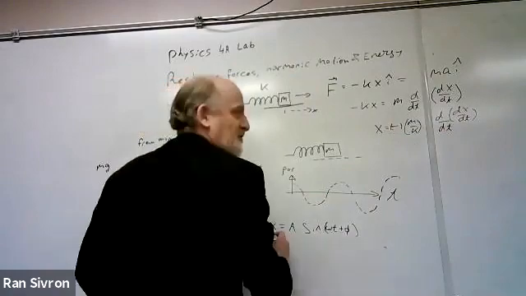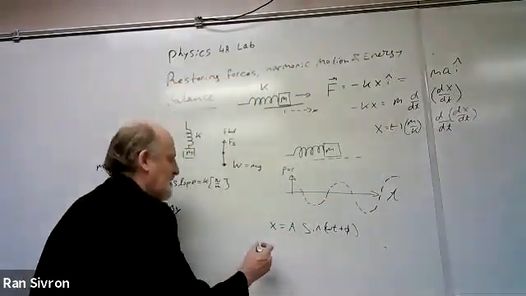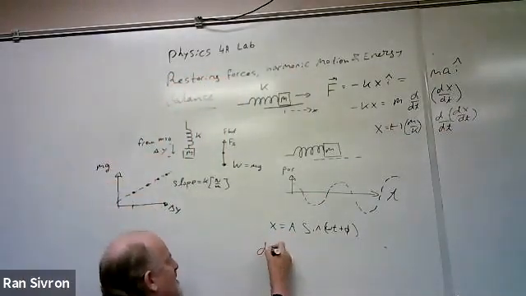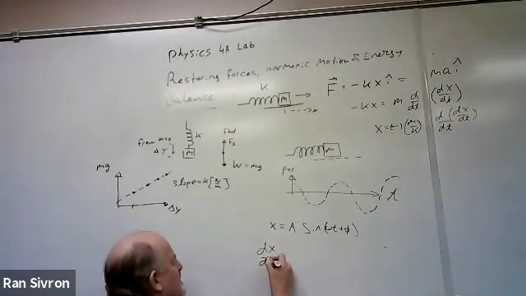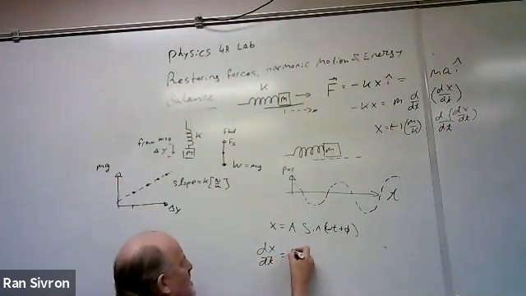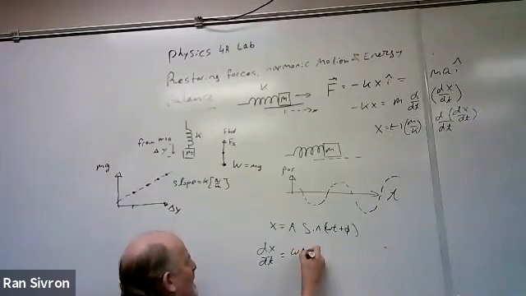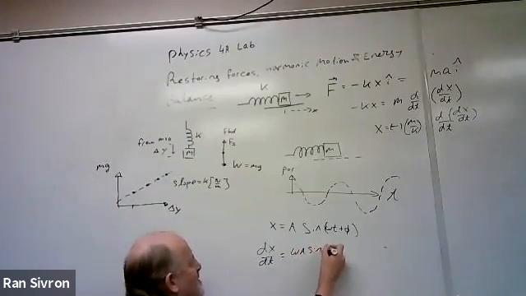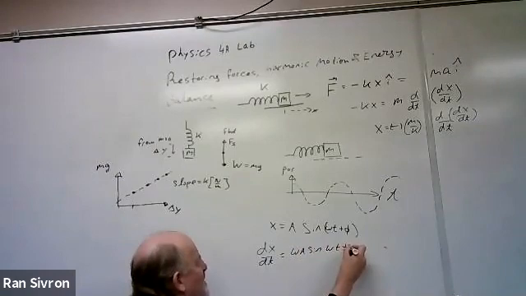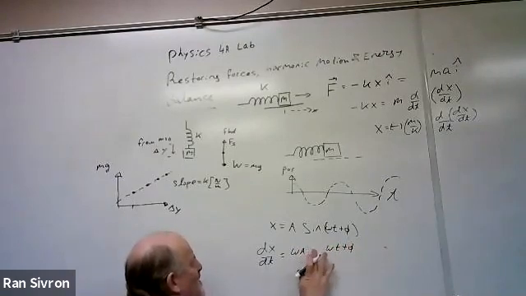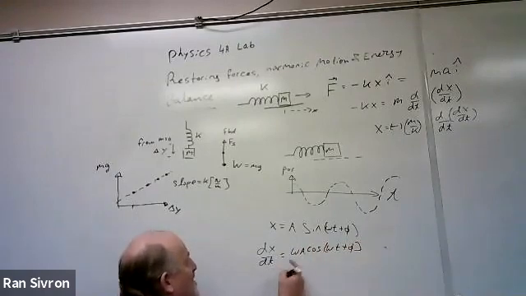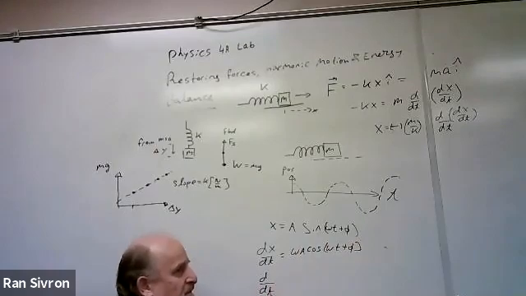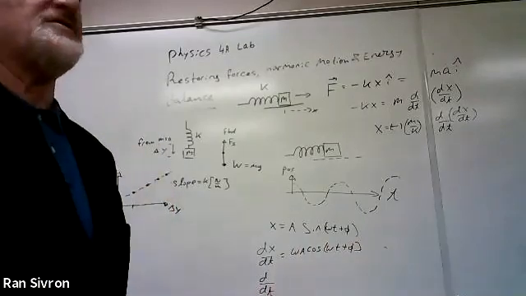Take the first derivative of that, and you're going to see that dx/dt is going to be equal to wA sine(wt plus phi). Sorry, cosine. The derivative of sine is cosine. Take a derivative of cosine. Let me move the camera just a tad lower.